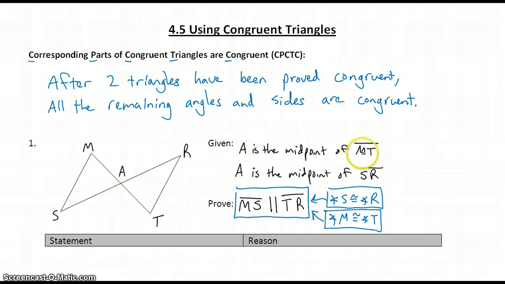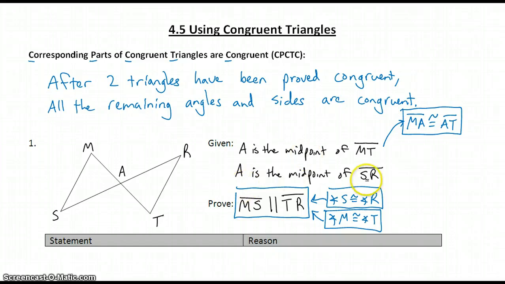If I look at my first given, A is the midpoint of MT. Well, if A is the midpoint of MT, that tells me that MA is going to be congruent to AT by the definition of a midpoint.